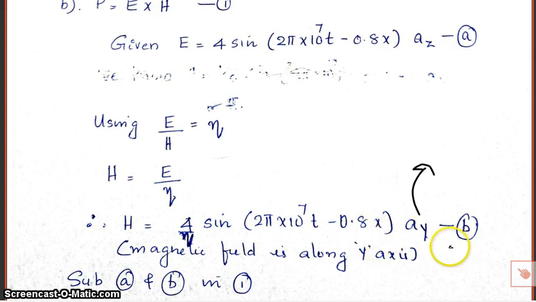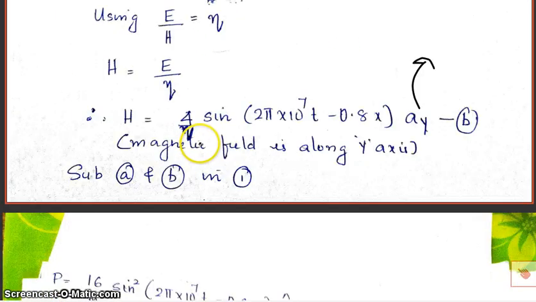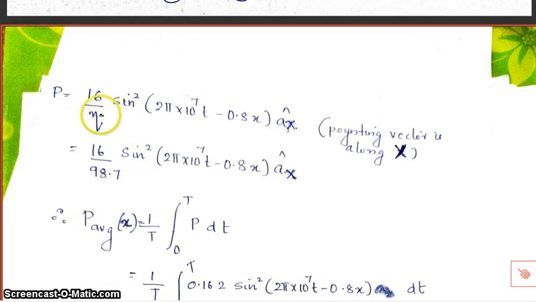Now I substitute this A and B in my equation 1, simply cross multiplying. I will get P is equal to 16 by eta sine square of 2 pi into 10 raised to t minus 0.8x Ax. As I said earlier, the Poynting vector will always be in the direction of the electromagnetic wave.